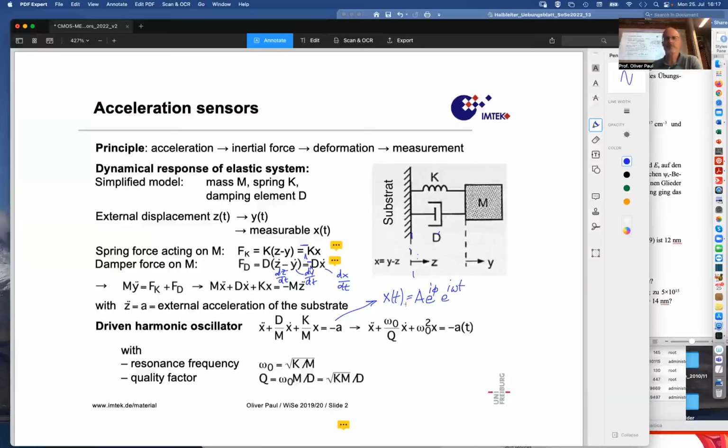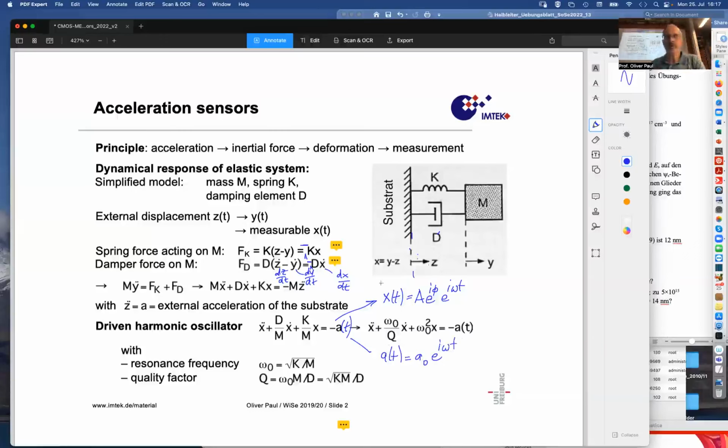So with this, I can insert this into this left-hand side, and then my acceleration actually, for what acceleration am I solving this? This is of course a function of t. So supposing we have a of t of the form a0 times e to the i omega t.